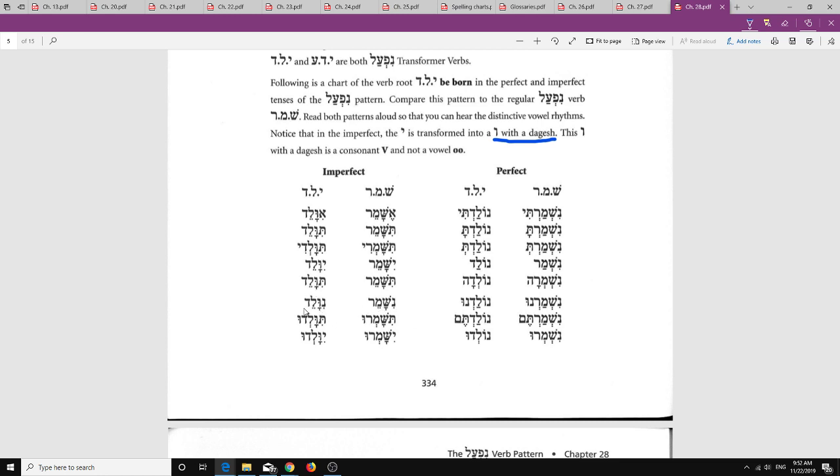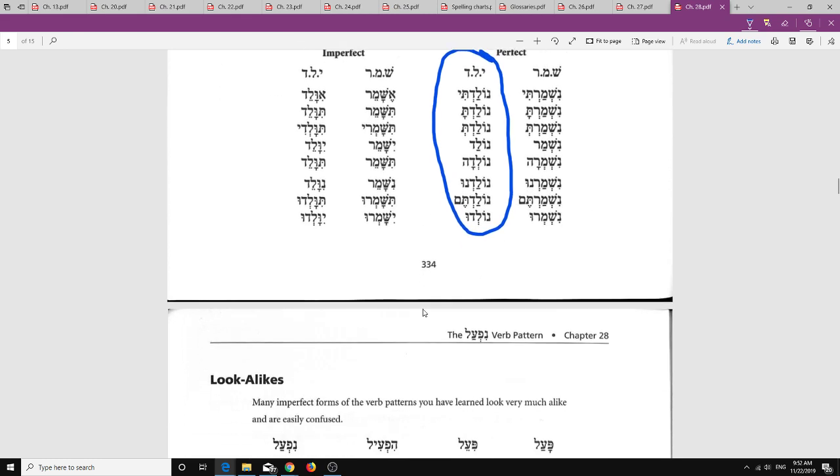Nishamer, nivalade. Tishamru, tivaldu. Yishamru, yivaldu. Okay. So just kind of recapitulating this, our transformer verb takes that typical holem vav in the perfect, but in the imperfect it just becomes a vav with a dagesh. Okay.